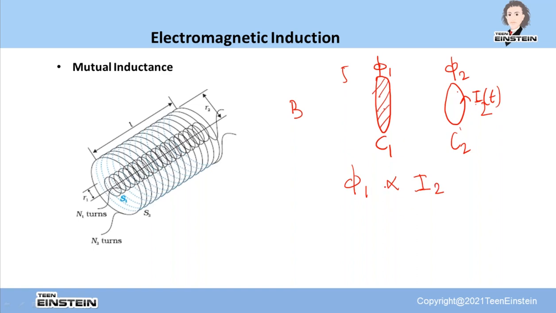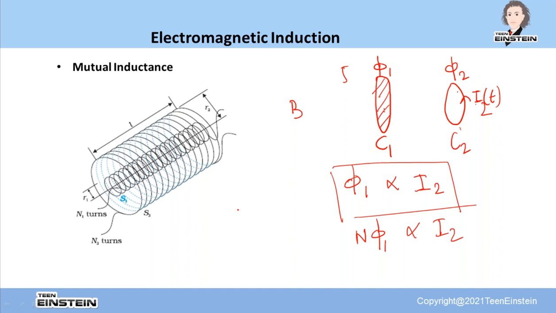This is a relationship between the flux linked in C1 due to the current in the C2 coil. If I have a coil of n turns, then the amount of flux linked is n phi 1, which is proportional to I2.